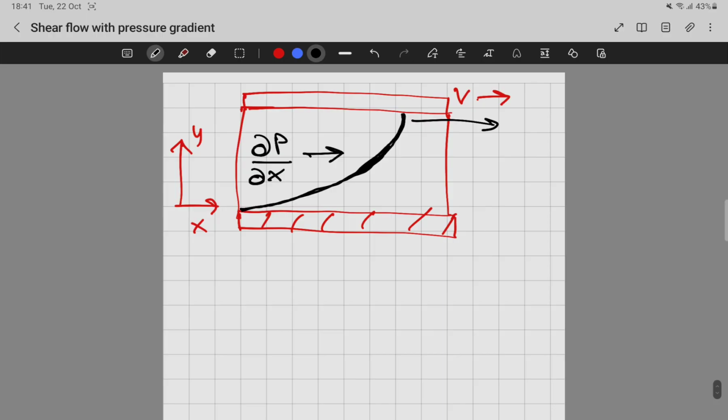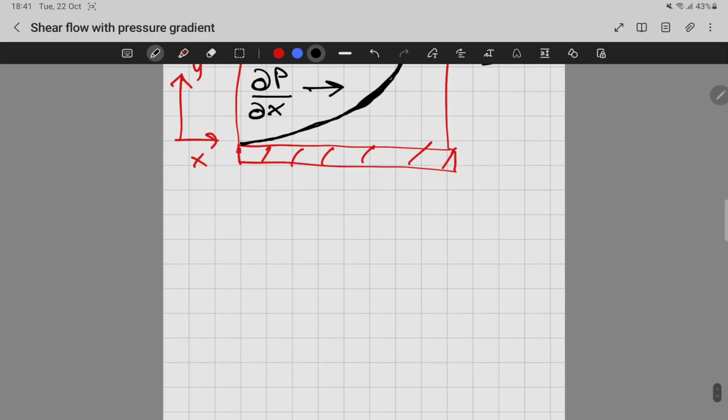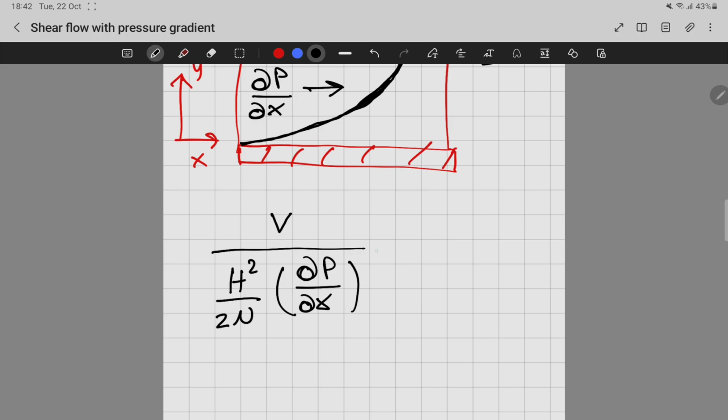Now let me quickly define a new quantity. We have this ratio, which will look something like this. This is actually a dimensionless ratio, because if you obtain the dimensions of both terms, you will notice that it has no dimensions.